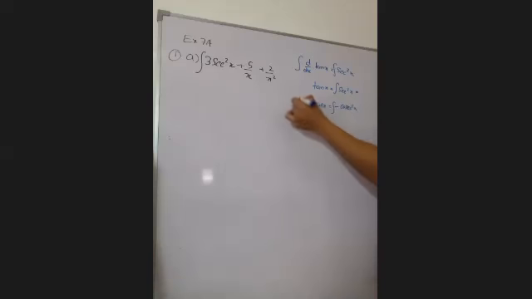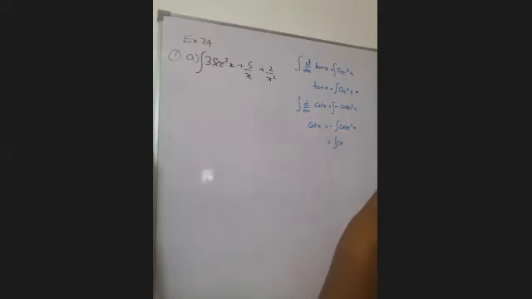Then if I integrate both sides, cot x becomes minus integration of cosec squared x. That means you can say integration of cosec squared x equals minus cot x. This is the next formula. So you should know these formulas properly.